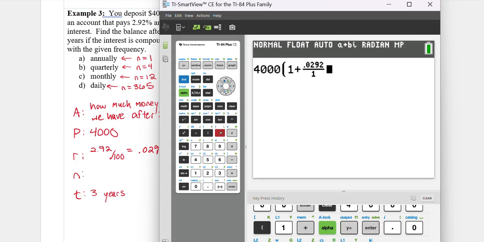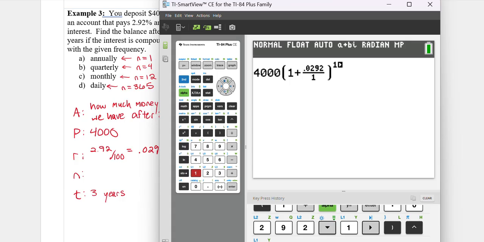Close the parenthesis, and then hit your exponent button, and then we need to do n times t. Then we press enter. So after 3 years, it looks like we gained about $360. That's pretty good. So it's $4,360.73.